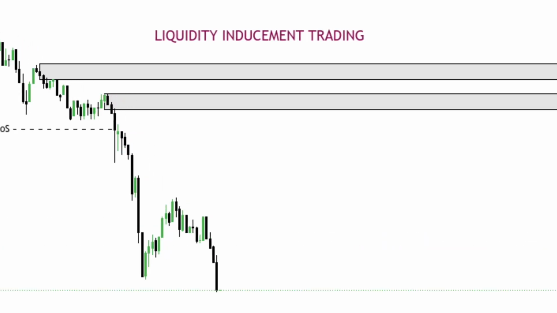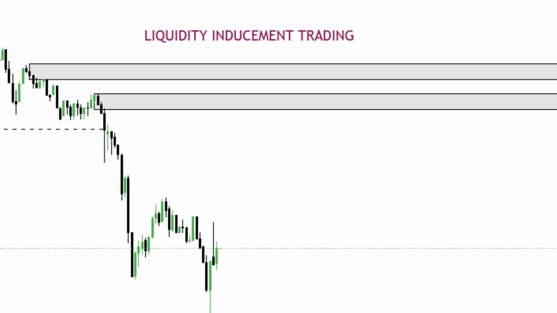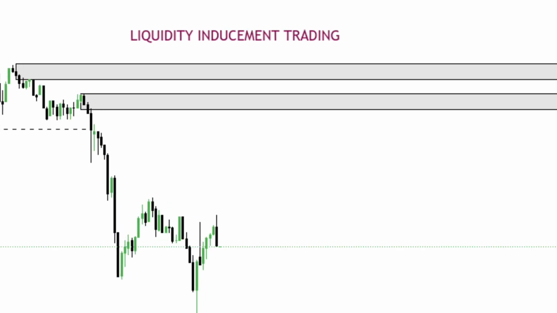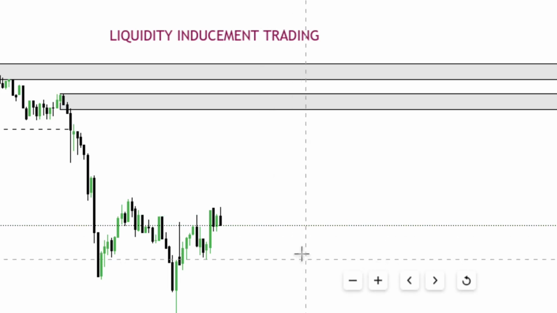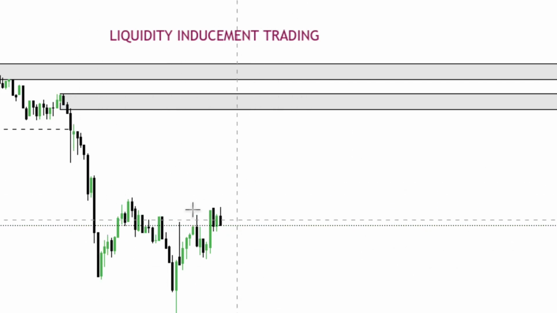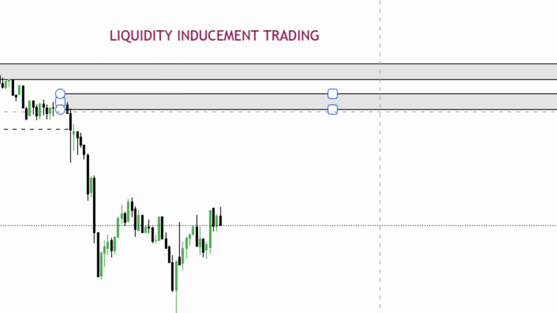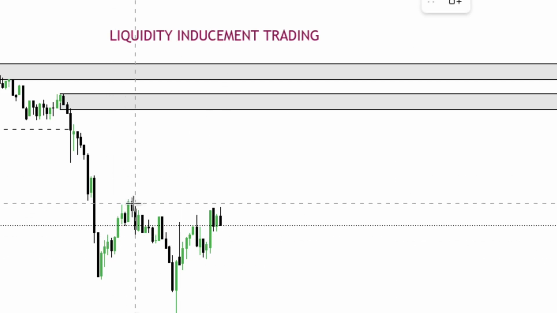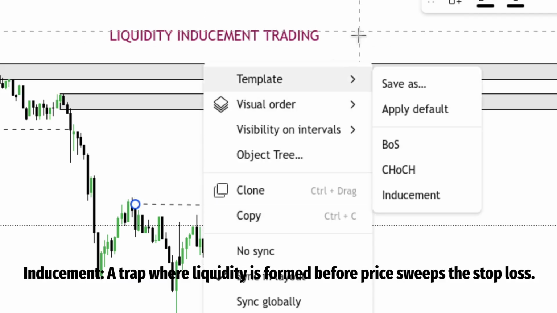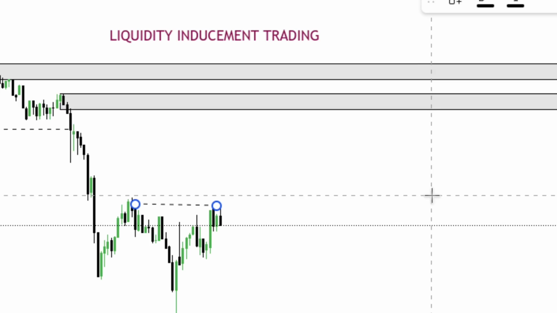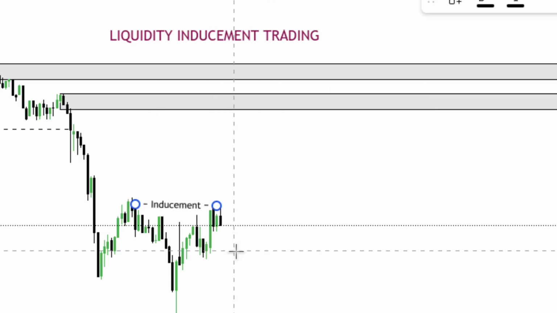Okay, so we can see right now the prices are still playing properly. And what we see right now, most of the traders might think this place here is a very good place for us to enter into the trade, but they're forgetting that this right here is not a very good entry point, because we have already seen there's a certain inducement happening right here, and this inducement will cause the prices to be shifted higher.